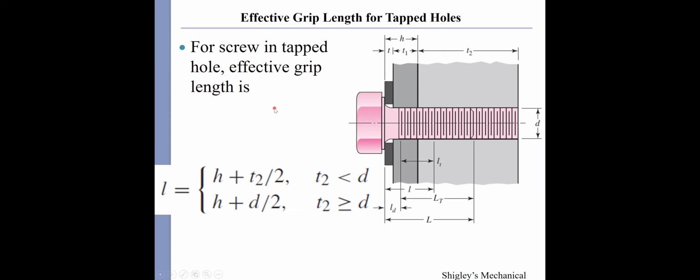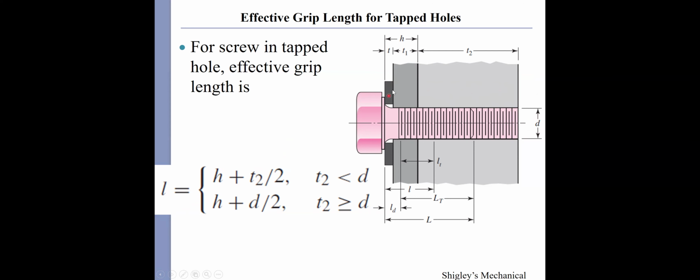For a screw in a tapped hole, the effective grip length depends on D. What is D? The major diameter, or nominal diameter, of the bolt thread. If it is greater than t2, where t2 is the thickness of the second member, or second plate, then the grip length equals h plus t2 over 2.